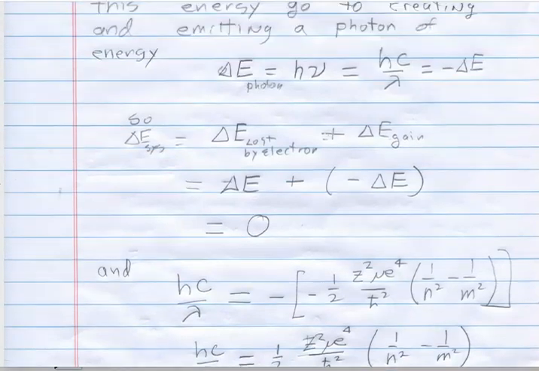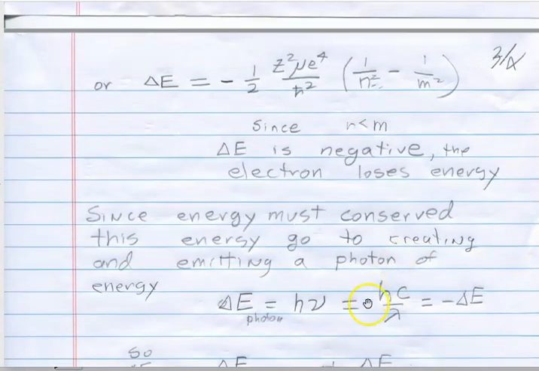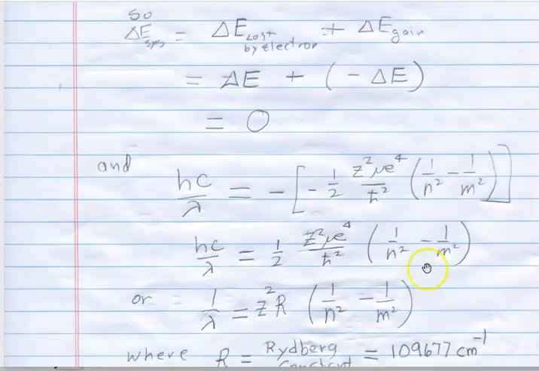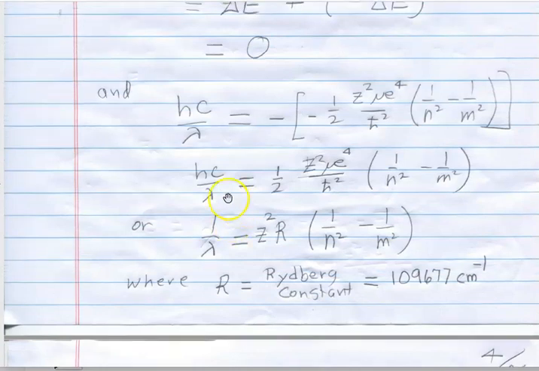So the long and the short of it is that I can take this photon energy, hc over lambda, and set that equal to the minus the energy lost, to make it positive, that the photon gained, and we get this expression. And you may have seen that. Usually you solve this for 1 over lambda.